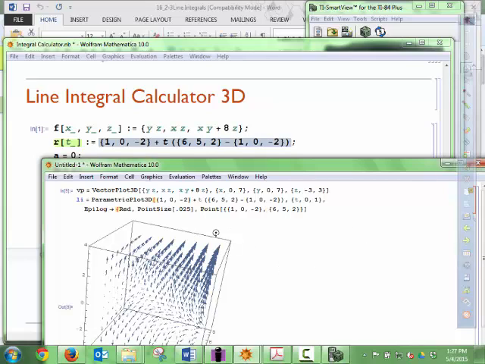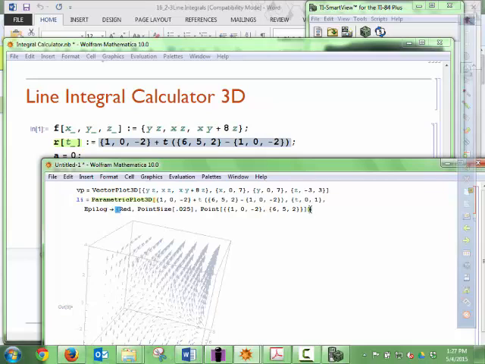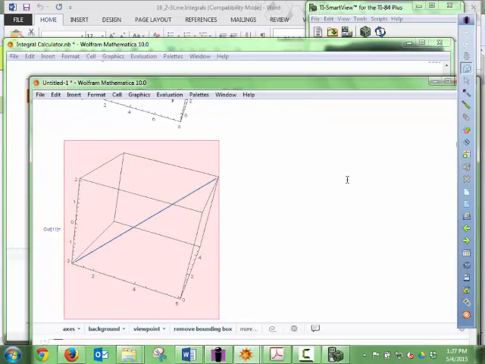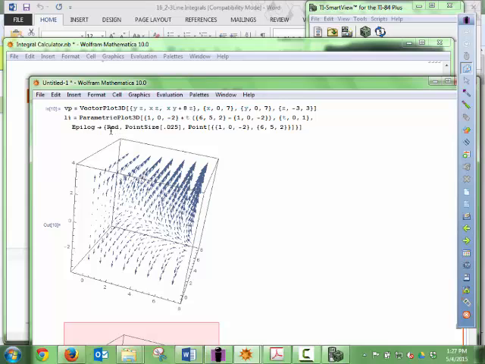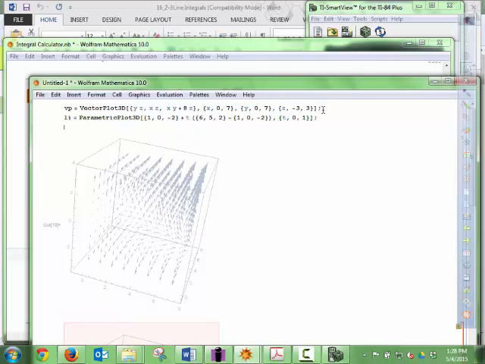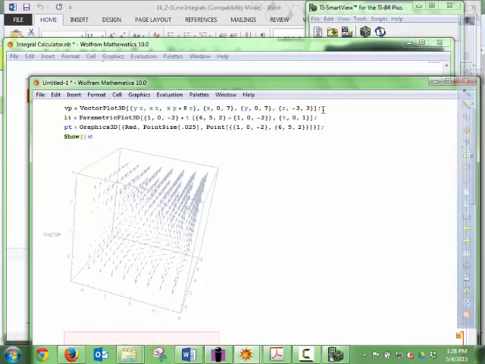All right, let's see if it plots. Nope, didn't plot. One more try. There it goes.